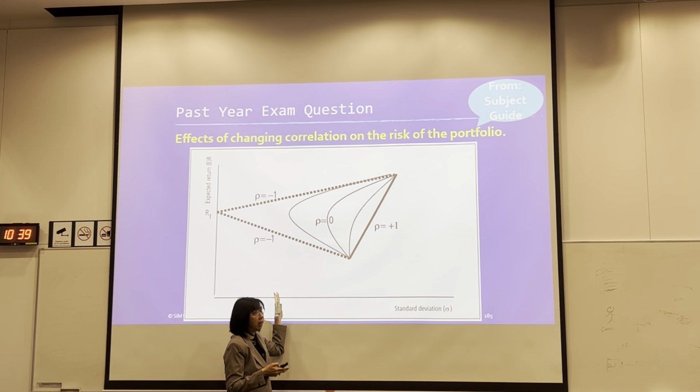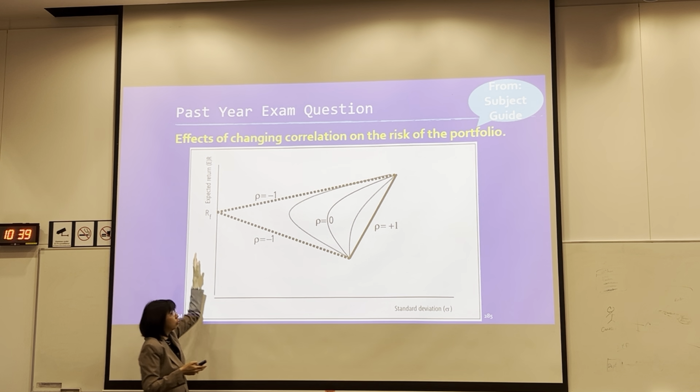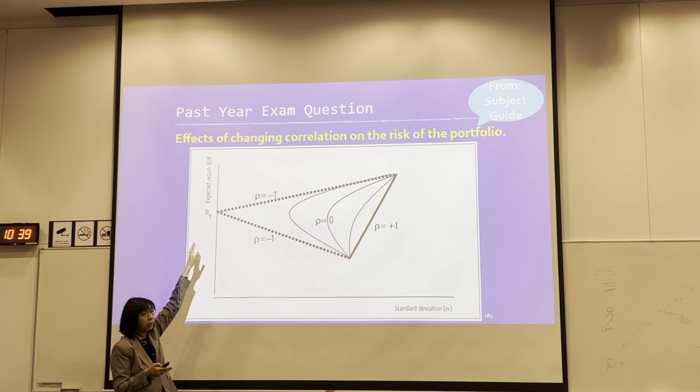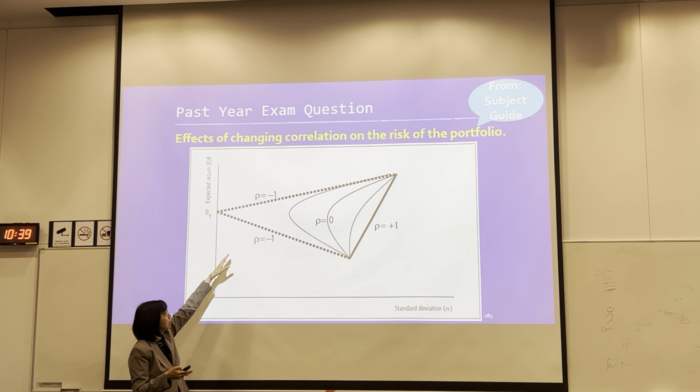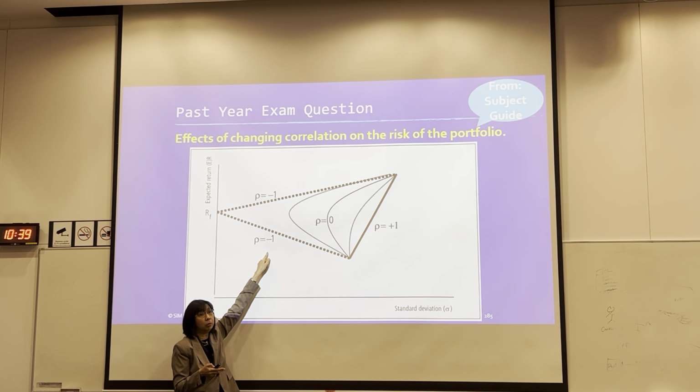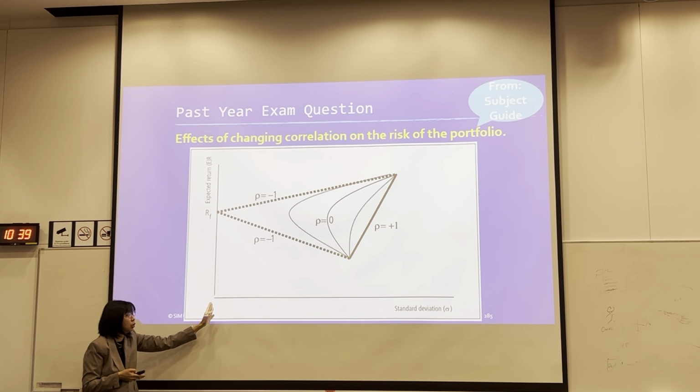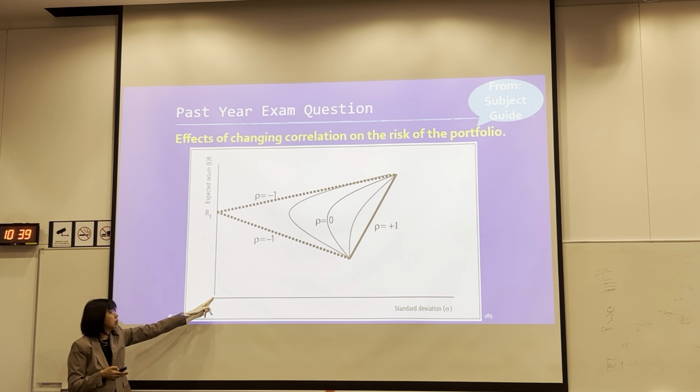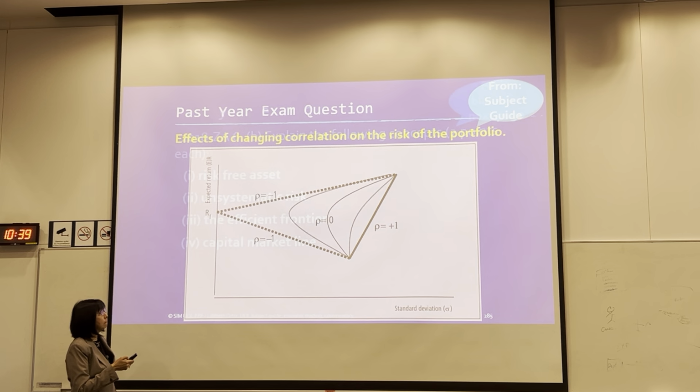It goes towards the left, and yet you're able to get good returns. So this demonstrates that if you are able to get two assets that are totally negatively correlated, you can get even 0 risk, down here, the risk-free rate.